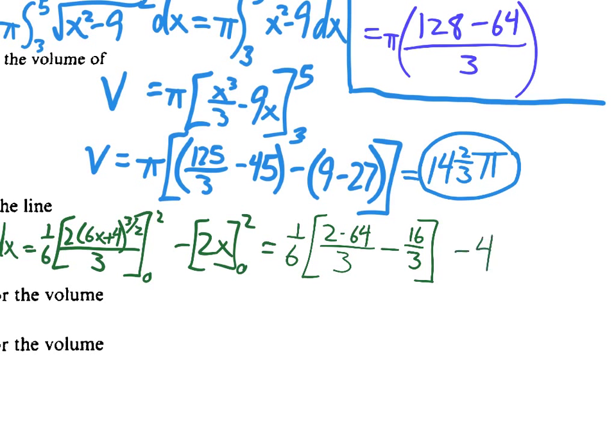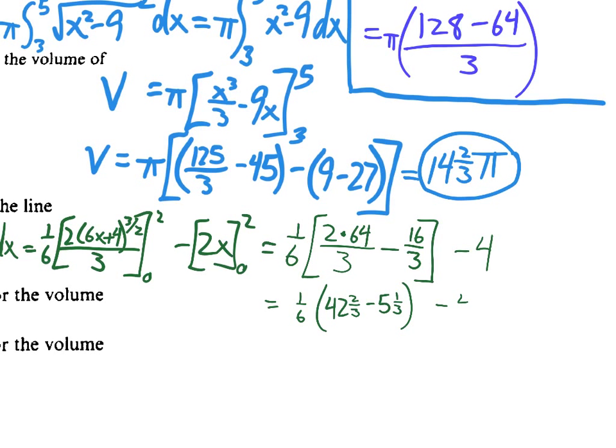All right, so simplifying here, 2 times 64 is 128 over 3, which is 42 and 2/3, minus 5 and 1/3, and this is again times 1/6, all minus 4, so that's 37 and a third times 1/6.